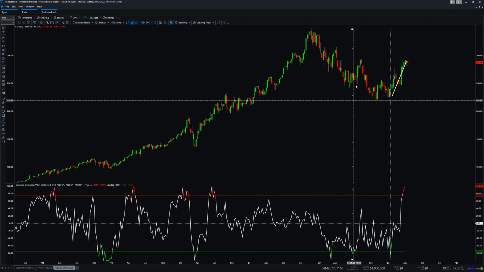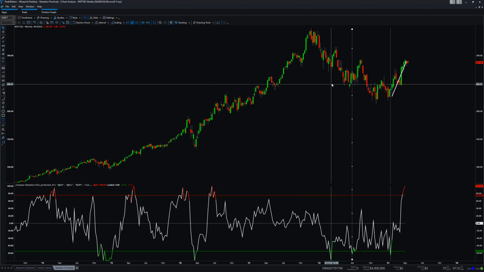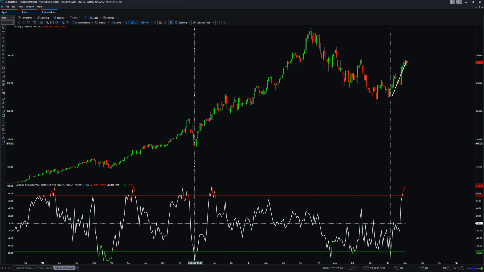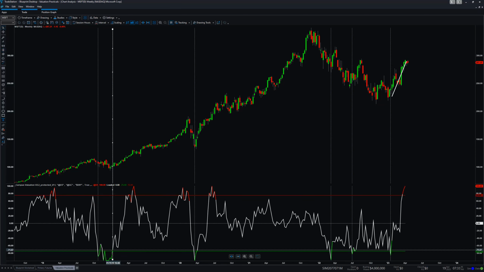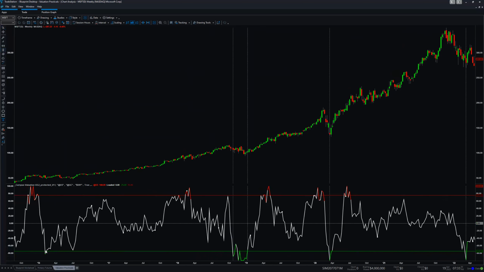We had one here that got us a nice 1 or 1.5 months rally. We got one here that predicted a nice 3-week rally. We predicted the low of Corona. And here we stayed undervalued for a very long time here as well.